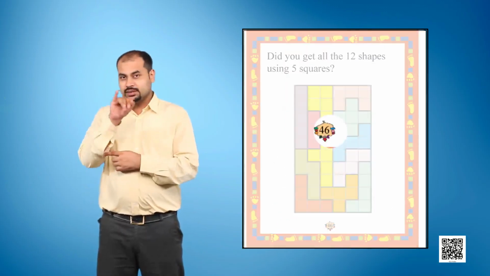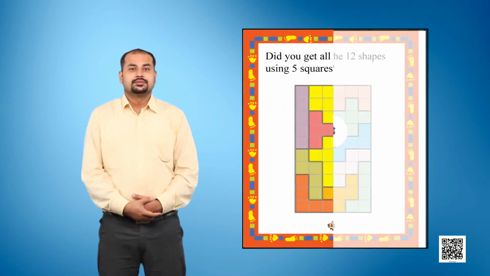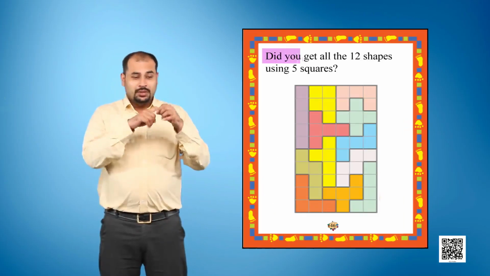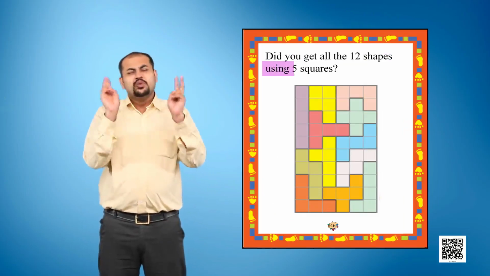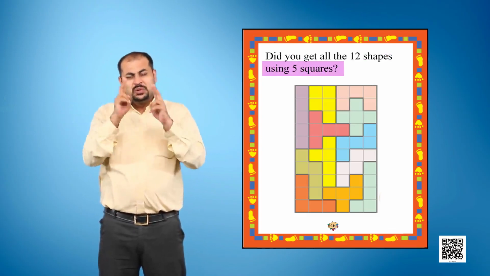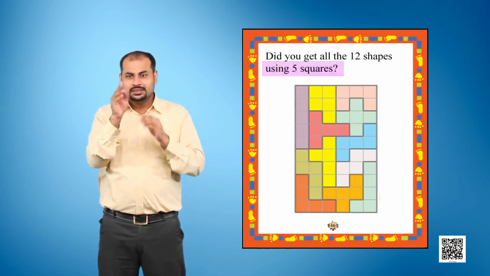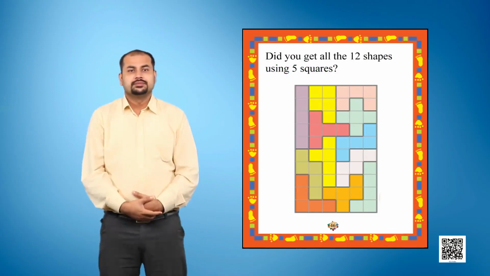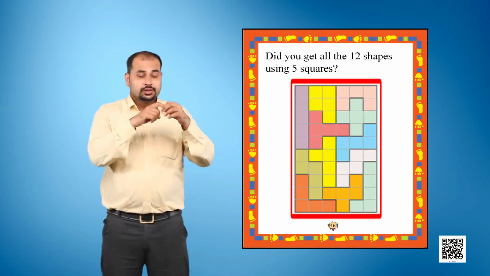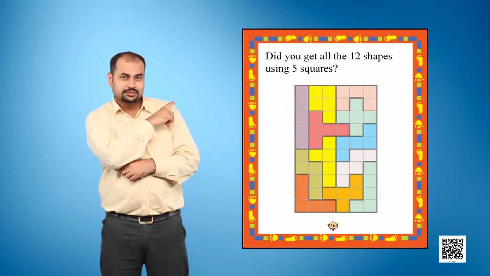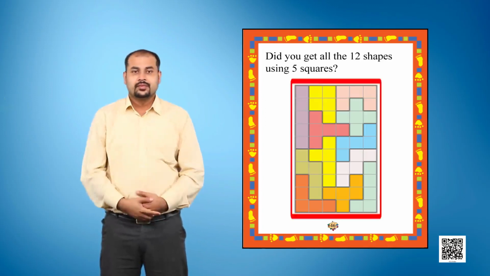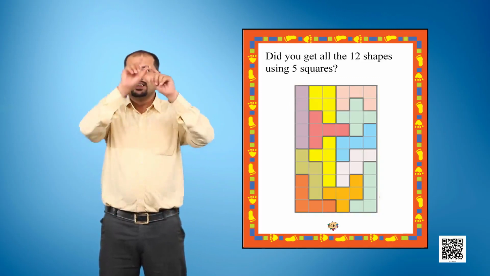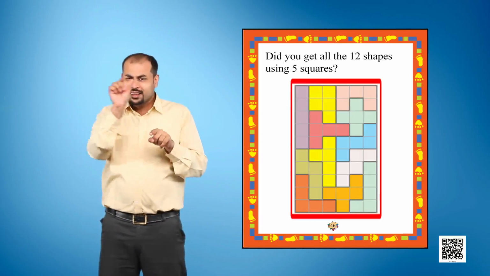Page 46. Did you get all the 12 shapes using 5 squares? Below this question, we see the picture of that square grid with 12 shapes shown in different colors.